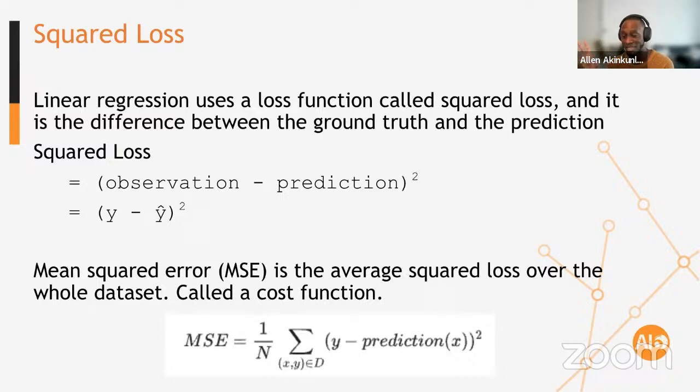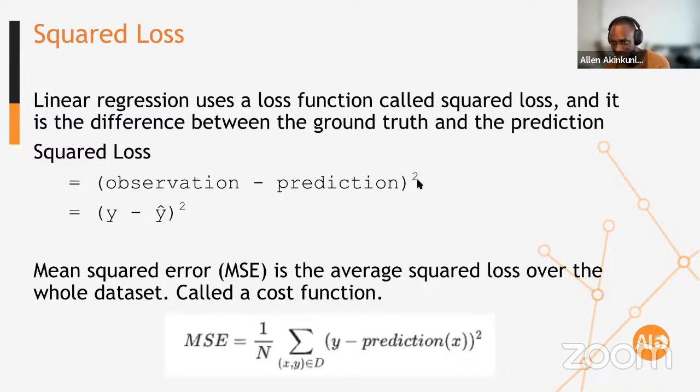The difference is rooted in statistics, in something called outliers. If you have huge values, outliers, say an observation that's 100,000 and your model predicts 10,000, the difference between those is about 90K.